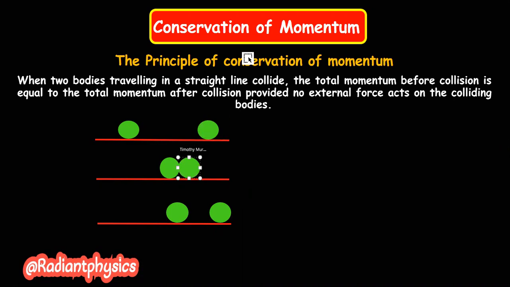Now I need arrows. I'm going to explain this to you. This direction is here, and this is during collision, and after collision they gain certain momentum, a certain final velocity.